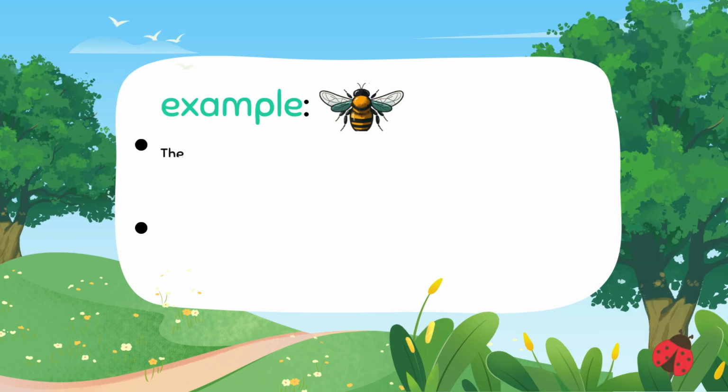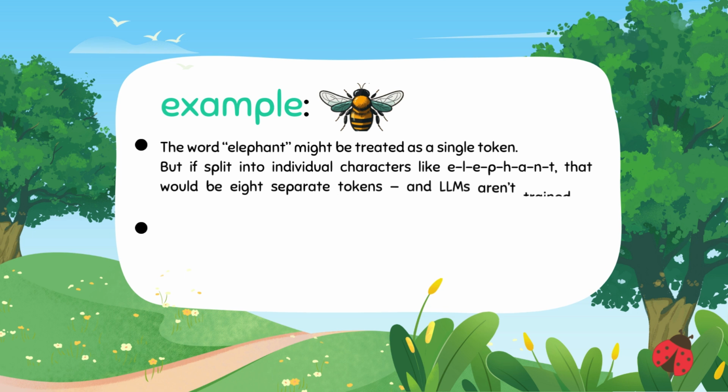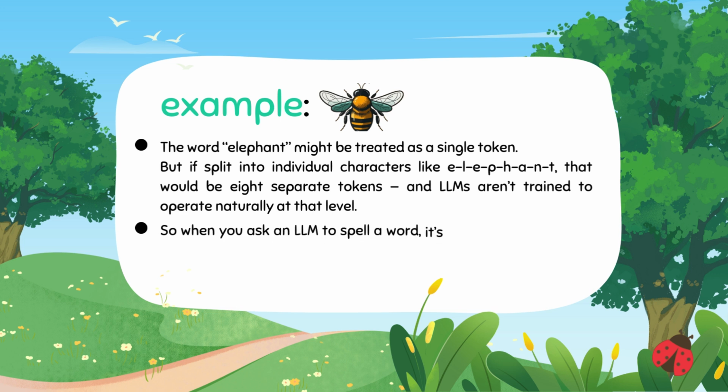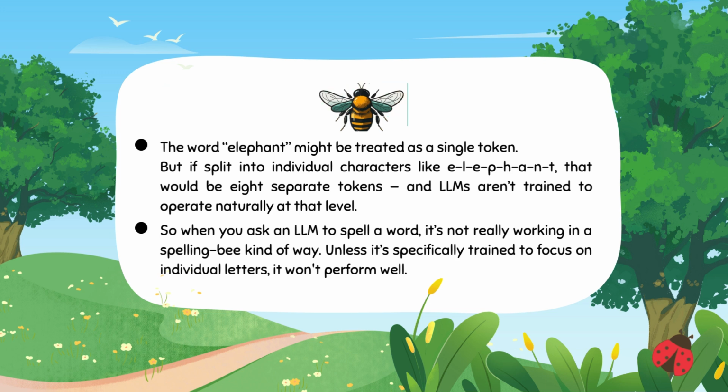For example, the word elephant might be treated as a single token. But if split into individual characters like ELEPHANT, that would be 8 separate tokens. And LLMs aren't trained to operate naturally at that level. So when you ask an LLM to spell a word, it's not really working in a spelling bee kind of way. Unless it's specifically trained to focus on individual letters, it won't perform well.